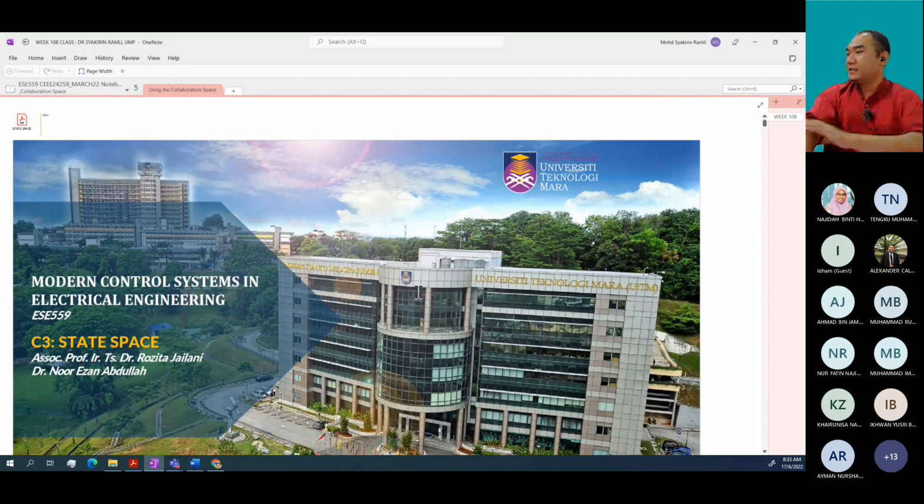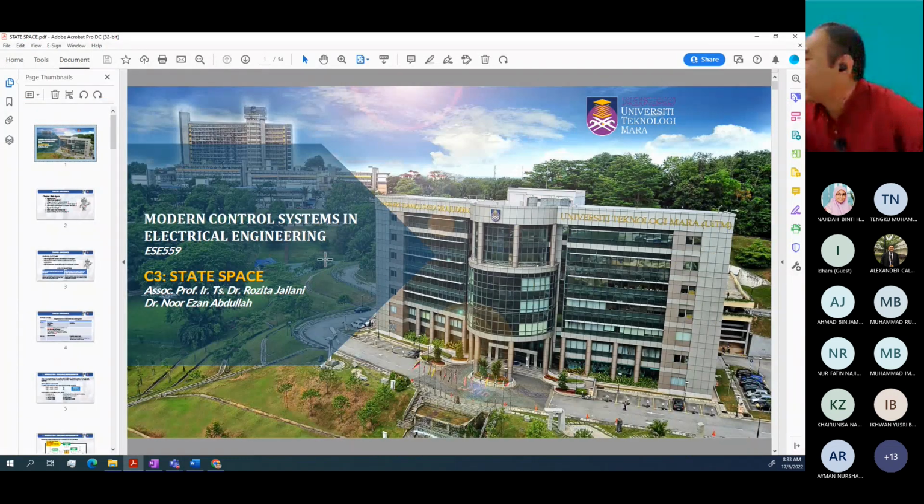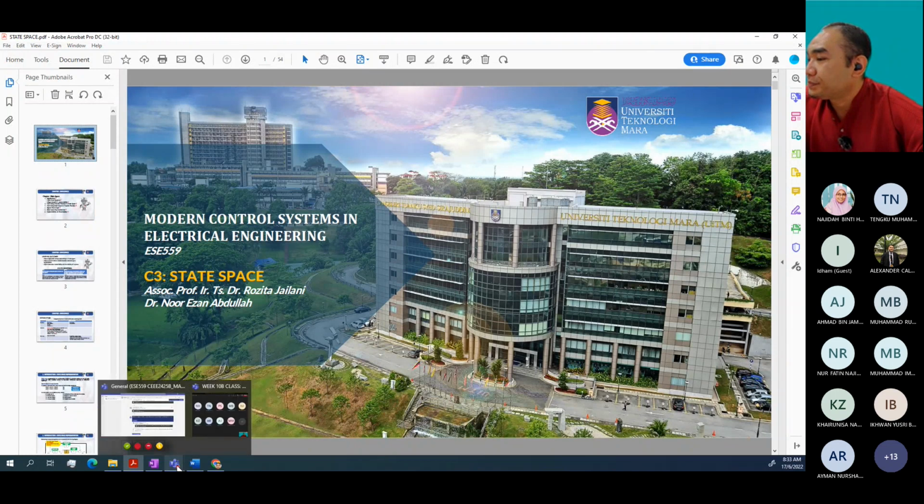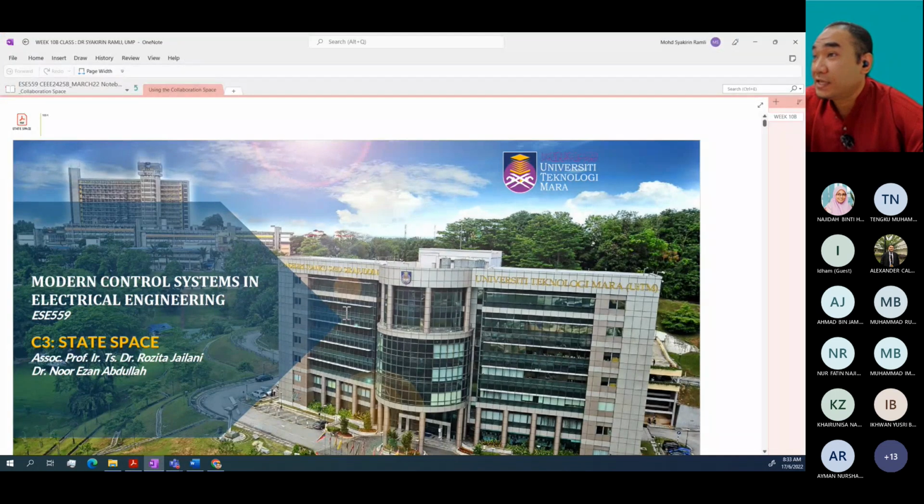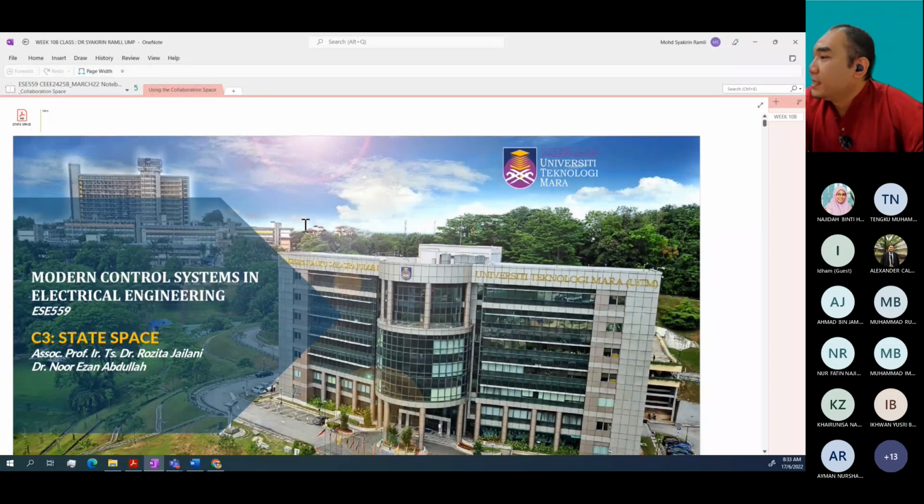But if you don't mind, I will be using the PDF itself because it will appear clearer, kan? Dia akan nampak lagi besar kalau kita gunakan daripada PDF ni. But if I want to do some handwriting or explanation, I will be using this collaboration space.